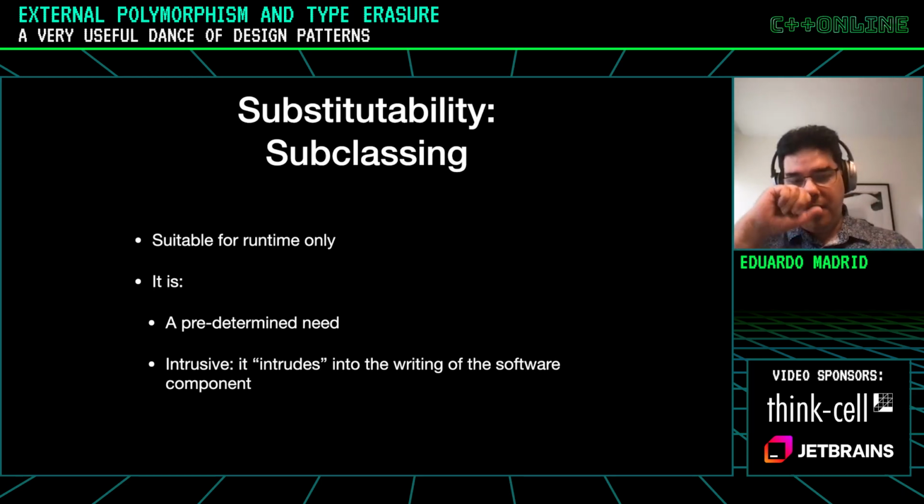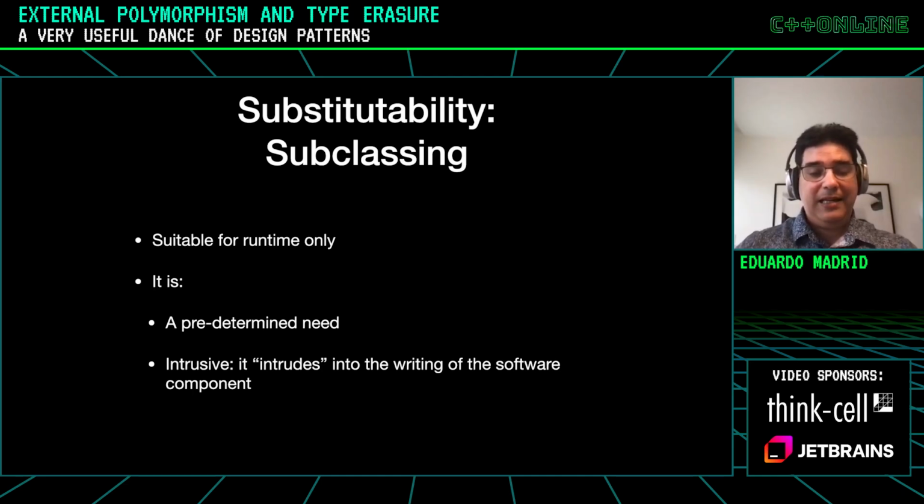And for it to work, you need to have predetermined that you were going to need that subclassing capability so that you make all of your types adhering to the right base classes at the time that you're writing them. Because if you discover the need for some subclassing or substitutability later on, then you either will have to dramatically change the code or altogether do something else, because the change might be very disruptive of your workflow, the progress of your application.